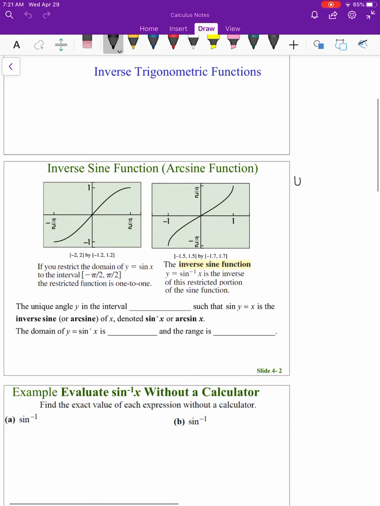And if you remember, when we find an inverse, like if I wanted to find the inverse of y equals 2x plus 3, I would swap my x and y and solve for y.